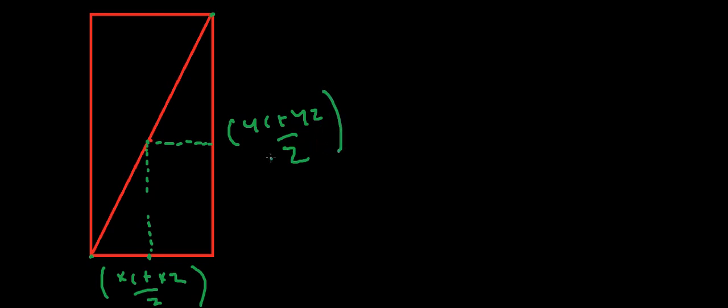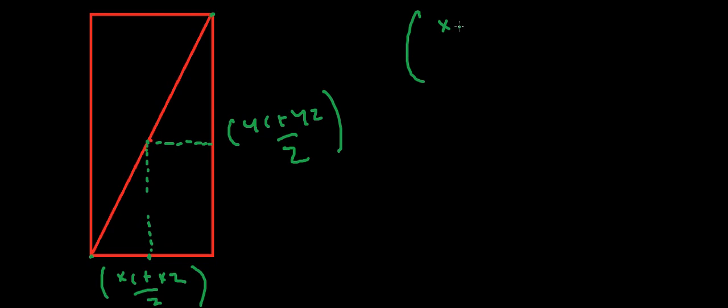So if I wanted to find the x value of this point right here, it would just be x1 plus x2 divided by 2. And if I wanted to find the y coordinate of this midpoint, it would be y1 plus y2 divided by 2. And that is the midpoint formula.